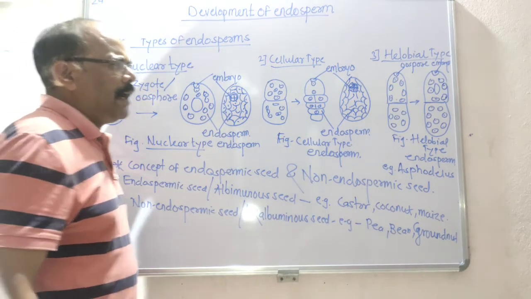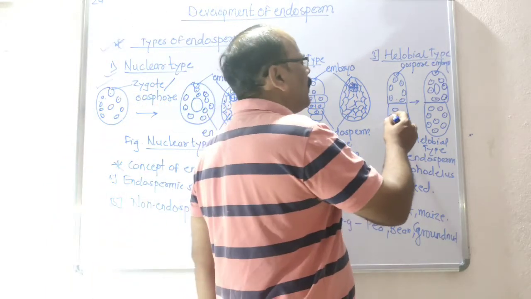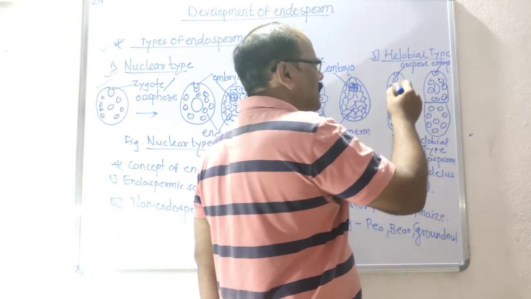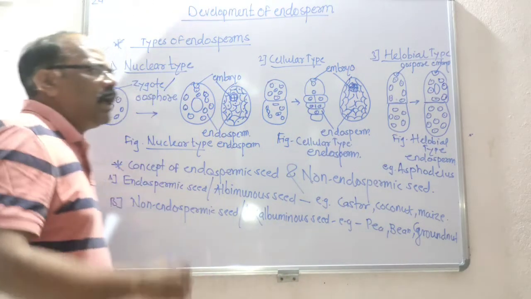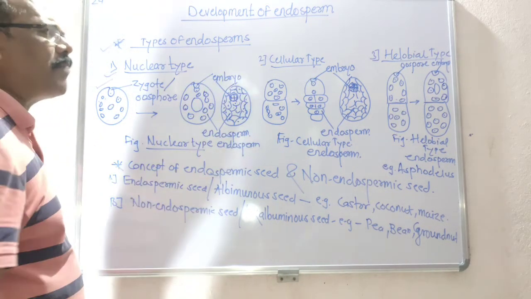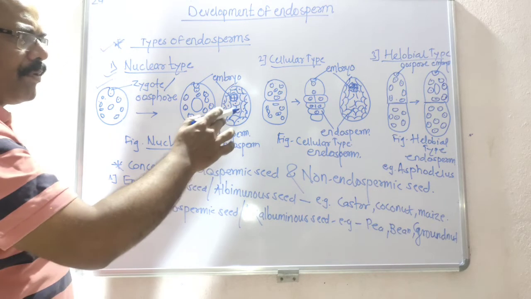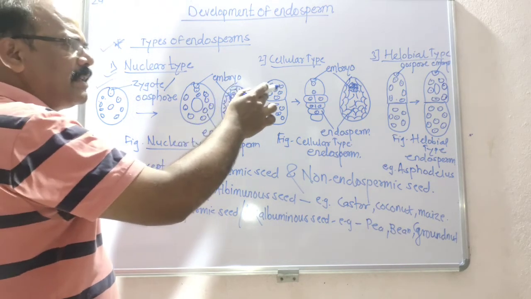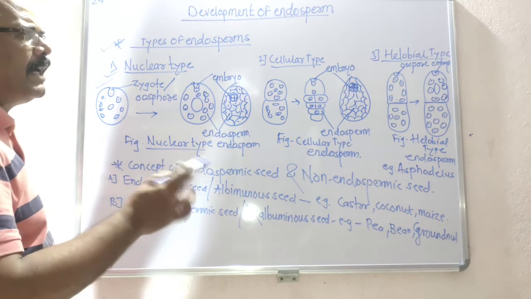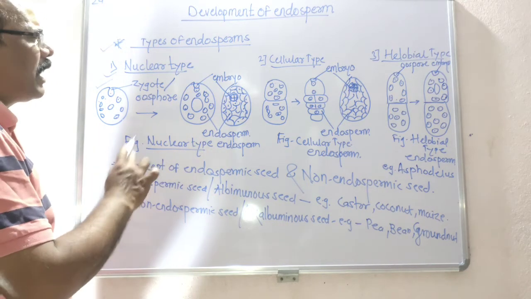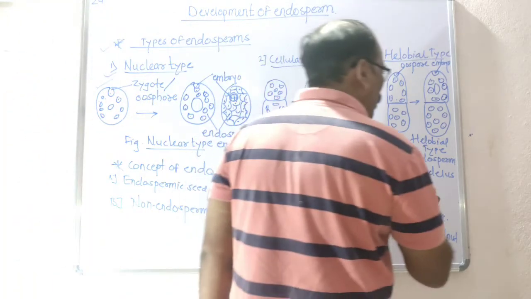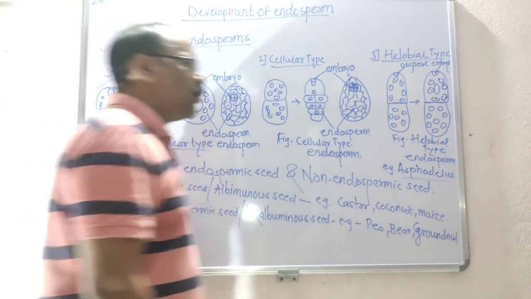The primary endosperm nucleus in these two unequal cells undergoes repeated mitotic division, free nuclei form, and later cell wall formation takes place. So it is intermediate between the nuclear and cellular types. An example is Asphodelus.